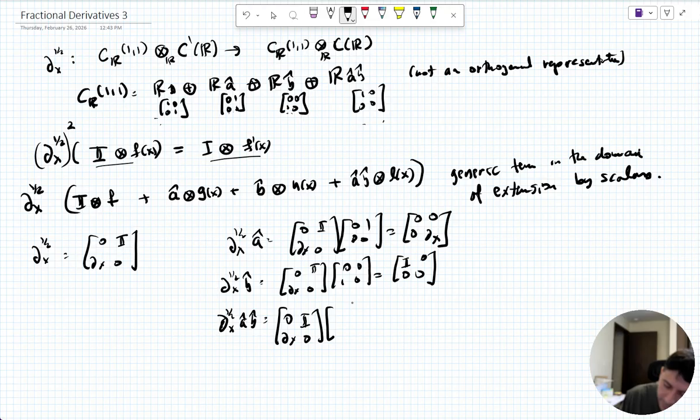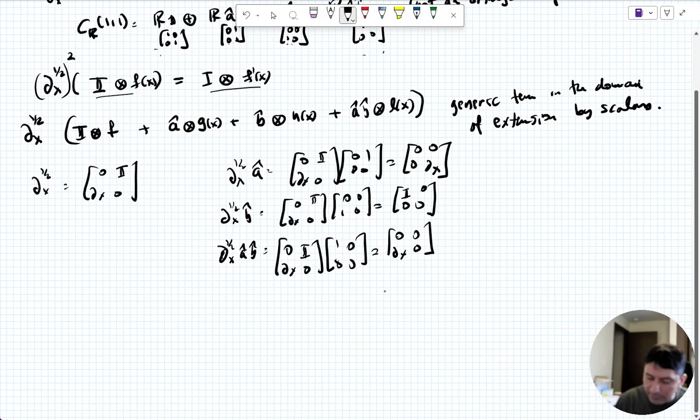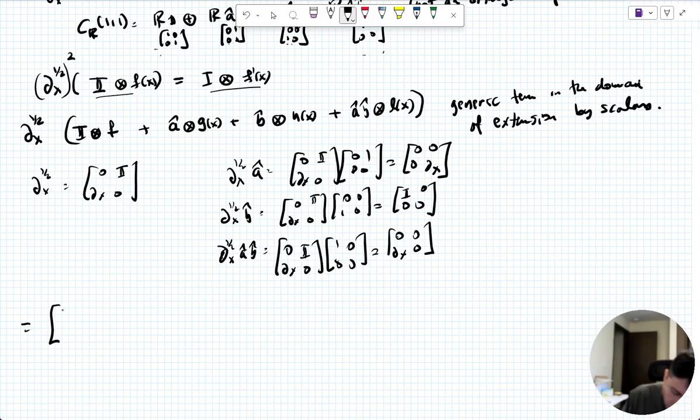Yeah, AB in this case is 1, 0, 0, 0, 0. So we get 0 d/dx 0, 0, 0. Okay, now we got that part done. So we get the following basically. So this is equal to 0 f prime 0, right?